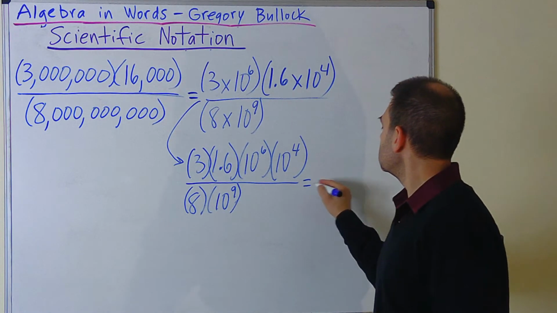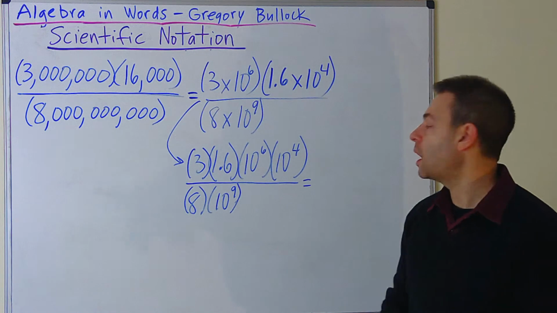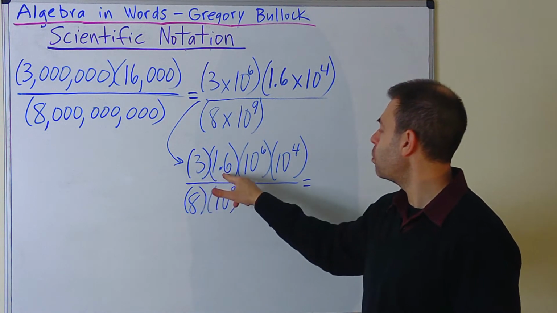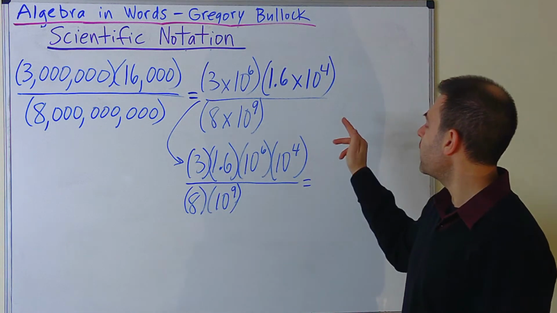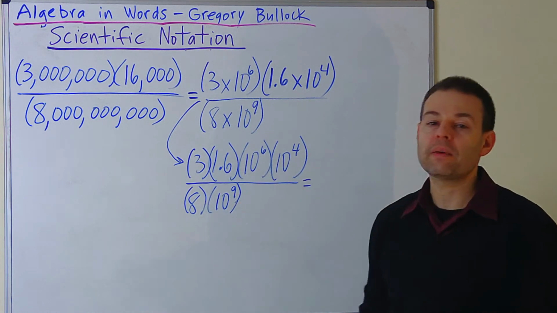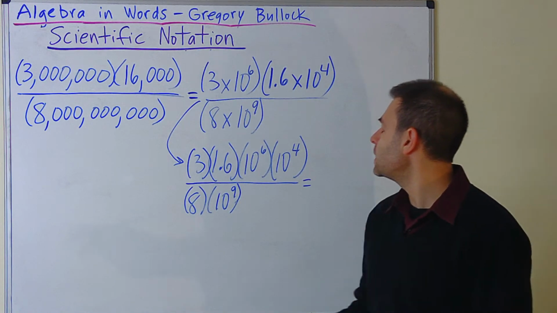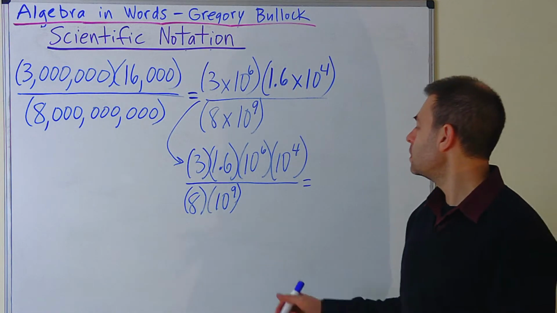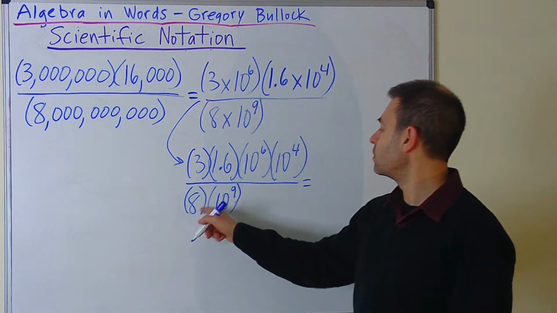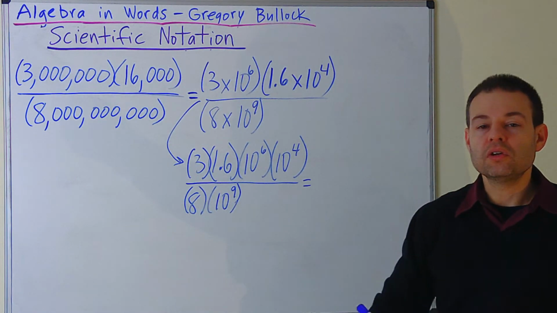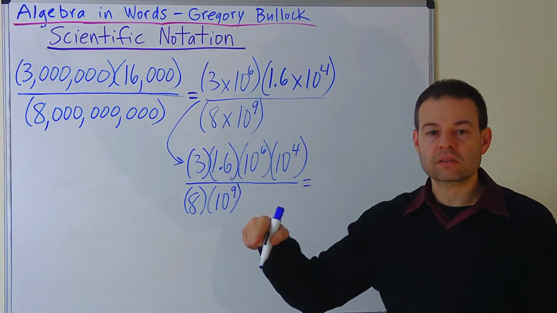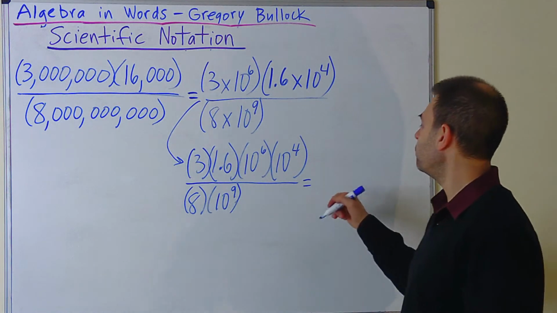Alright, so here's what I want you to do. I want you to focus on the non-base 10 numbers first by themselves, which would be the 3, 1.6, and 8. And then all the base 10 factors by themselves. Okay? Now notice that we have 1.6 over 8. And you should notice that they have a common factor of 8. And if you did 1.6 divided by 8, you should get 0.2.